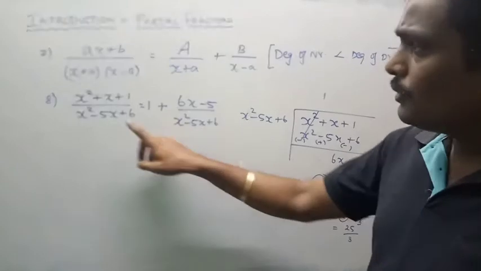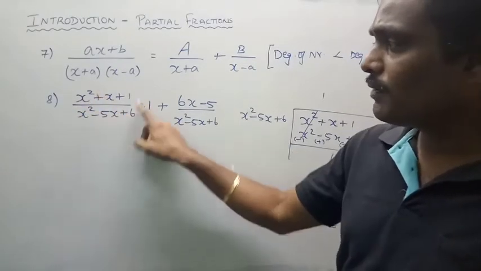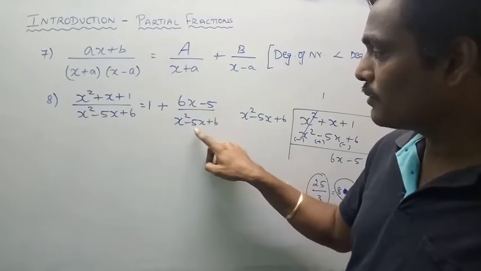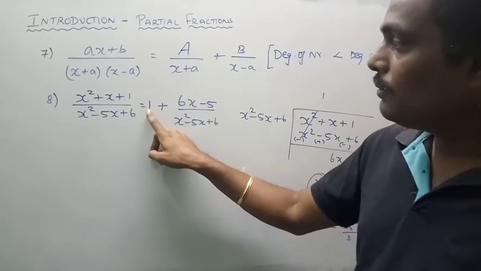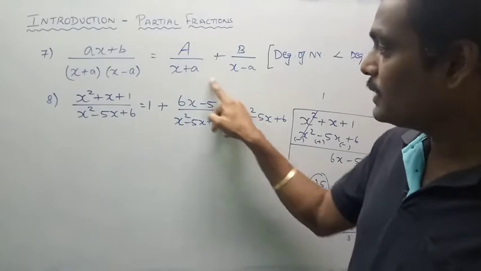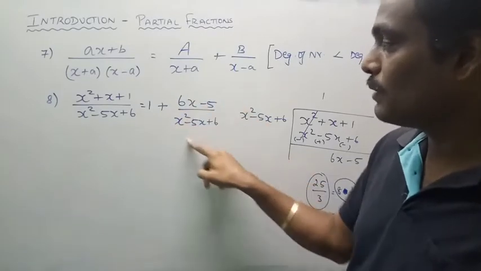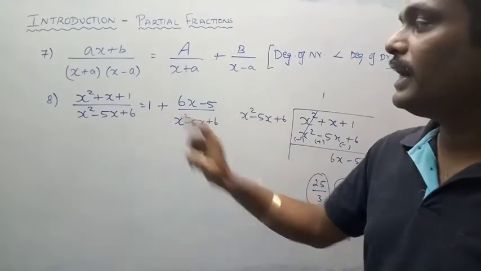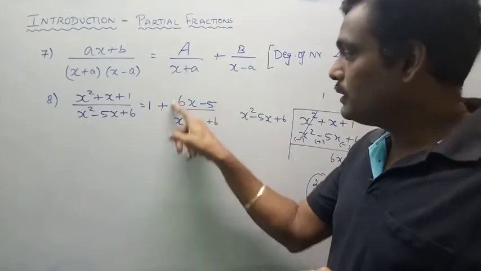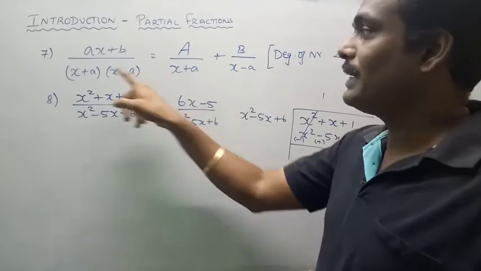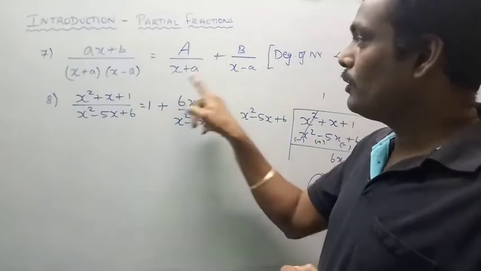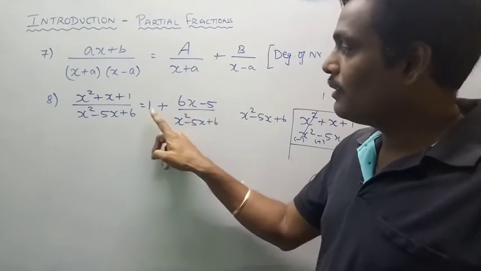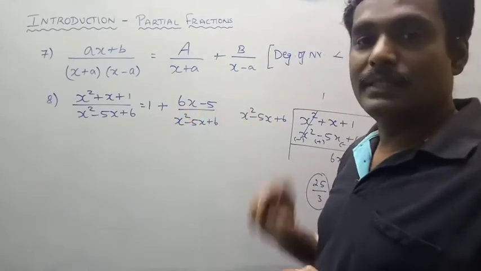So when you use the long division method, this fraction can be split as 1 plus 6x minus 5 by x square minus 5x plus 6. Now consider this 6x minus 5 by x square minus 5x plus 6 separately. Proceed with the problem like this and finally add the 1. Got it? For this one only, you want to use partial fractions. You want to split, find the values of A and B, and then substitute here. You will get 1 plus something.